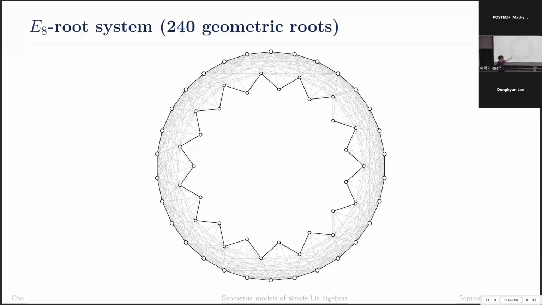But the good thing about arcs is that they are easy to visualize, and you'll find that the bracket of arcs is related to this: an arc with orientation, you can think of it as a vector, right? And then when you take the bracket, you are going to add these vectors. It's related to addition of vectors.